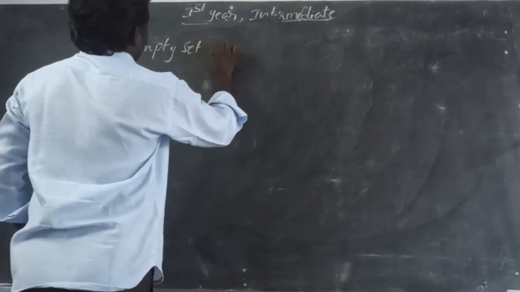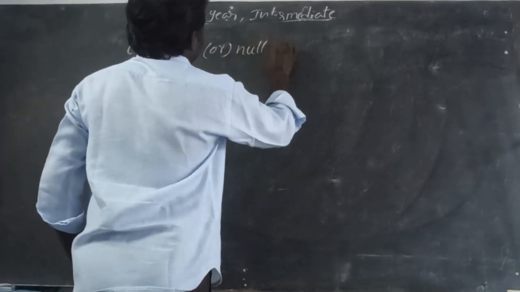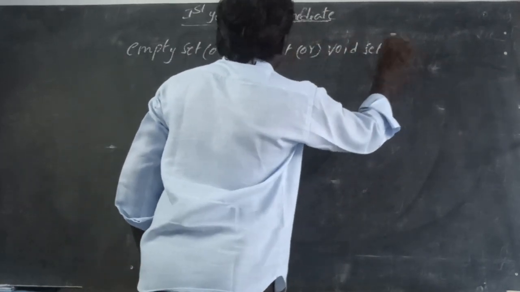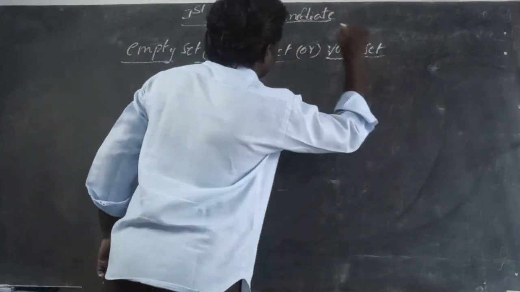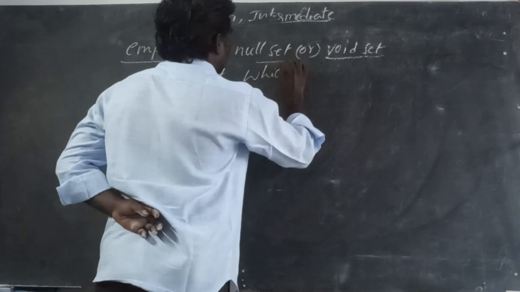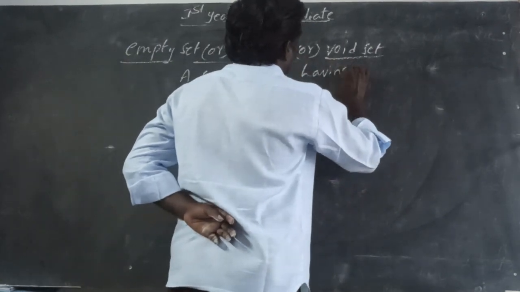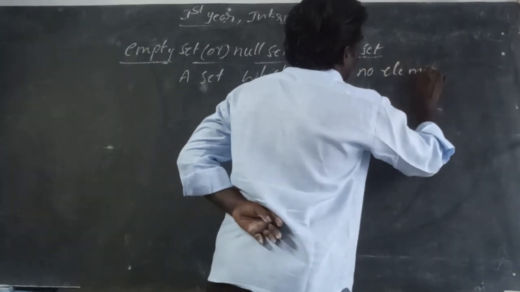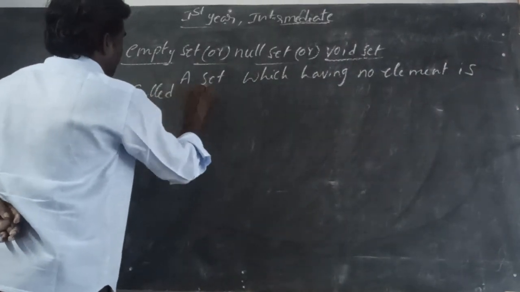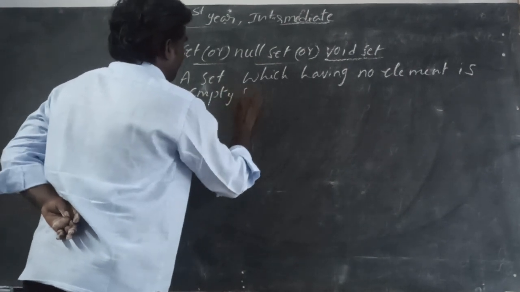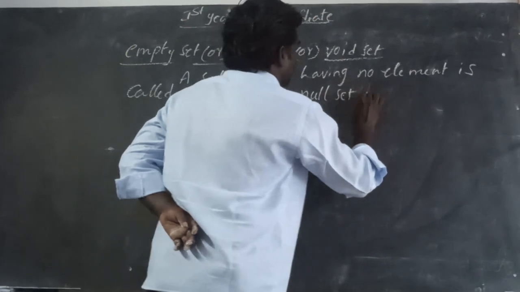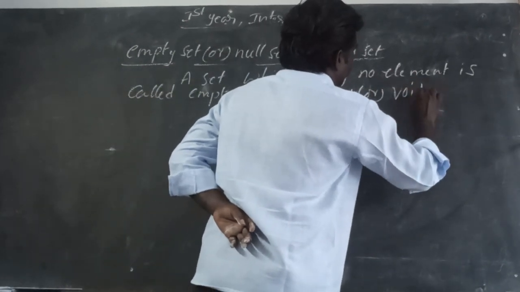A set which has no element is called an empty set, or null set, or void set.